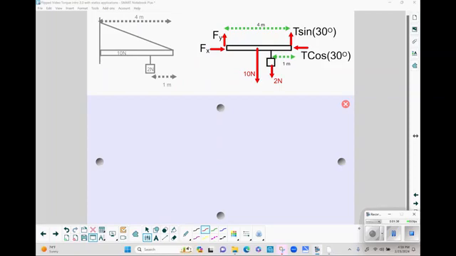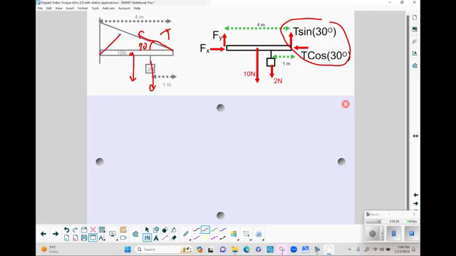So of course, the very first thing that I'm doing is drawing a free body diagram. The tension force I know is at an angle of 30 degrees, so I'm going to break this up into components, as we can see right here on my free body diagram. I've got the force of gravity from the 2 Newton object, the force of gravity of the 10 Newton boom, which is directly at the center of the boom, since that's the center of mass.